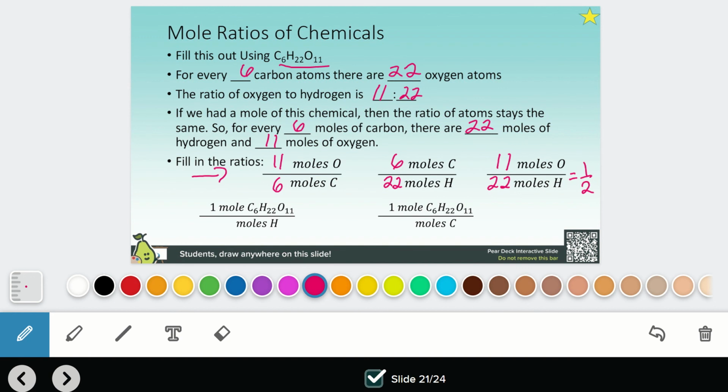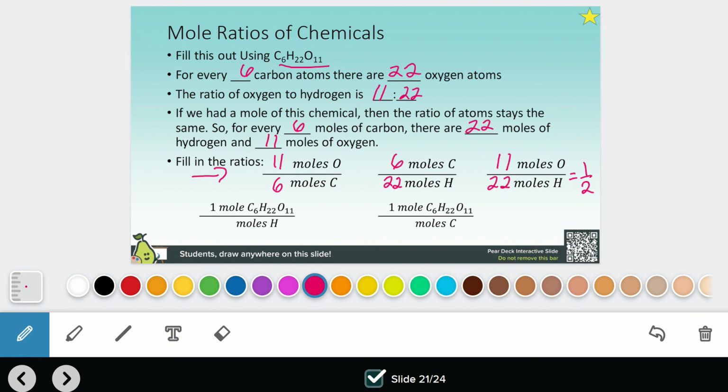All right, now the bottom part is looking at 1 mole of the whole chemical and comparing that to just one of the elements. So we can also go not just between moles of one element to another, but from 1 mole of the whole chemical to an individual element.